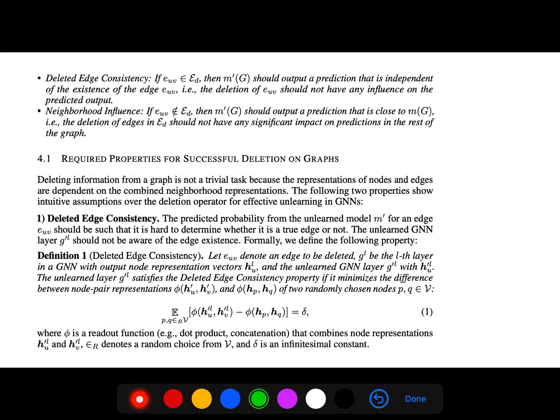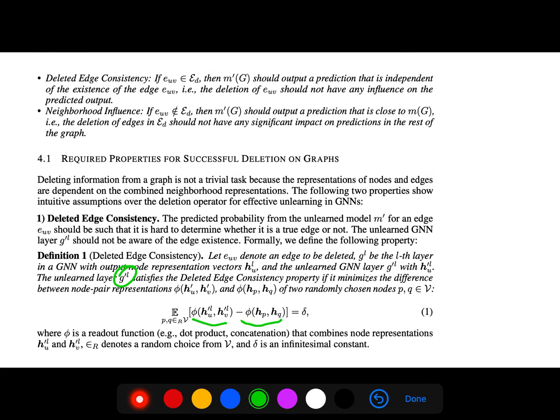So what are the required properties for successful deletion on graphs? First, deleted edge consistency. As I said, we want the unlearned layer G prime to satisfy deleted edge consistency if it minimizes the difference between node pair representations of two randomly chosen nodes P and Q, where phi is a readout function.